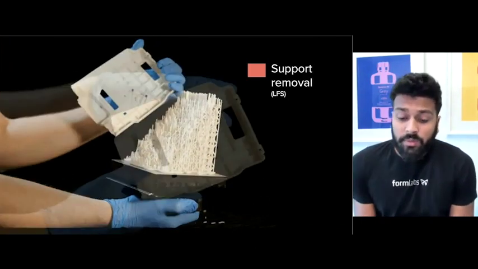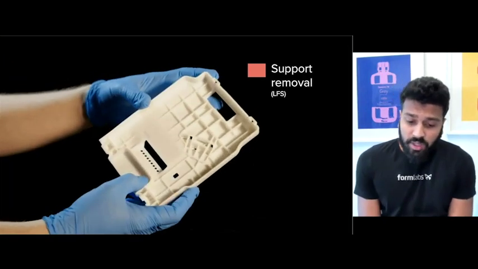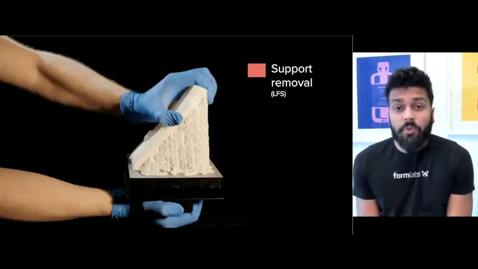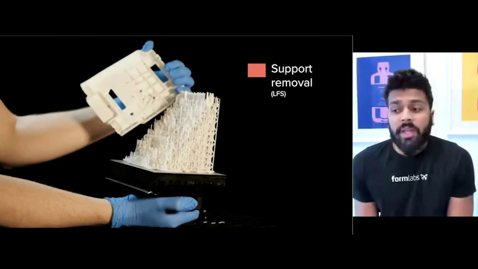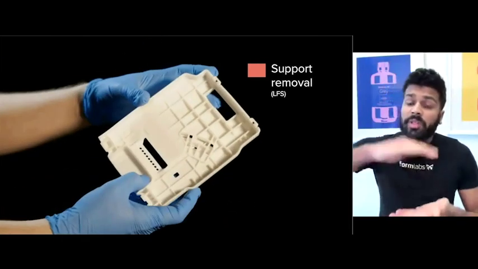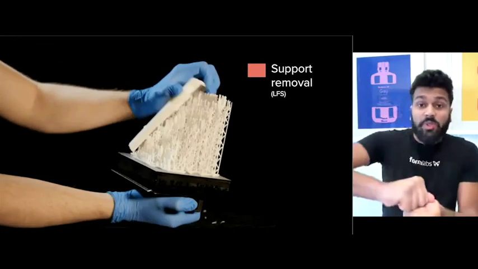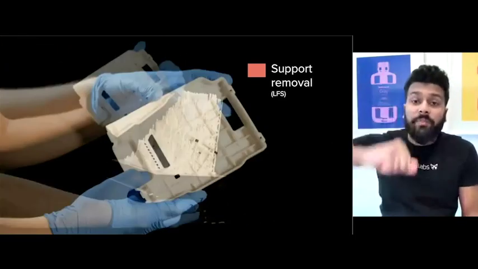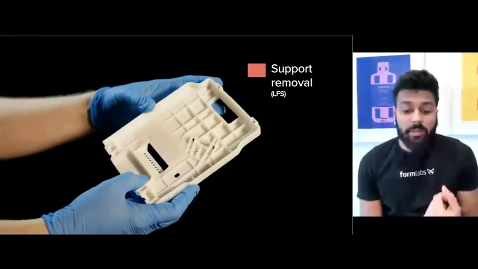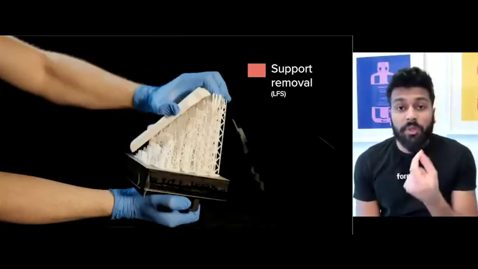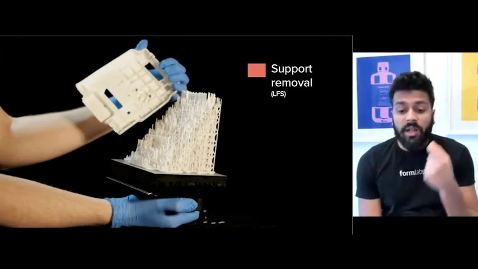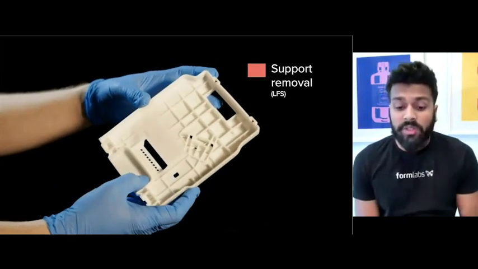And third, with LFS, I'm highlighting low force stereolithography for a reason here. Since there's not a high force when you're separating the part and printing the next layer every single time, you're actually able to print much smaller support touch points. So LFS offers light touch supports.